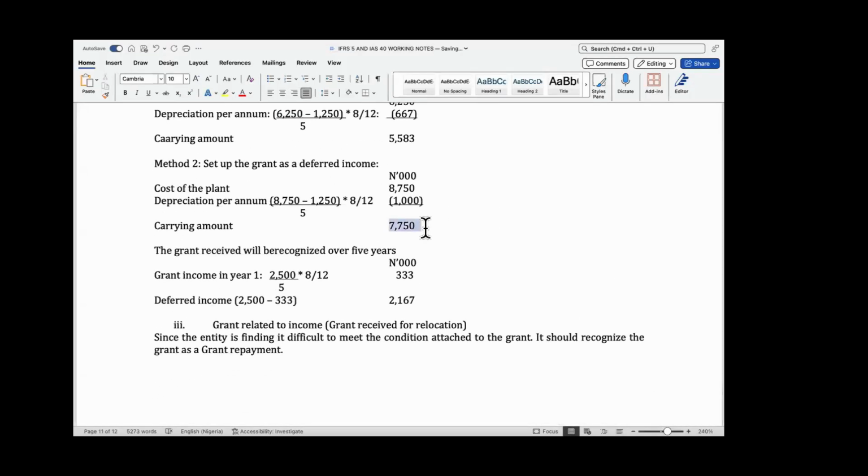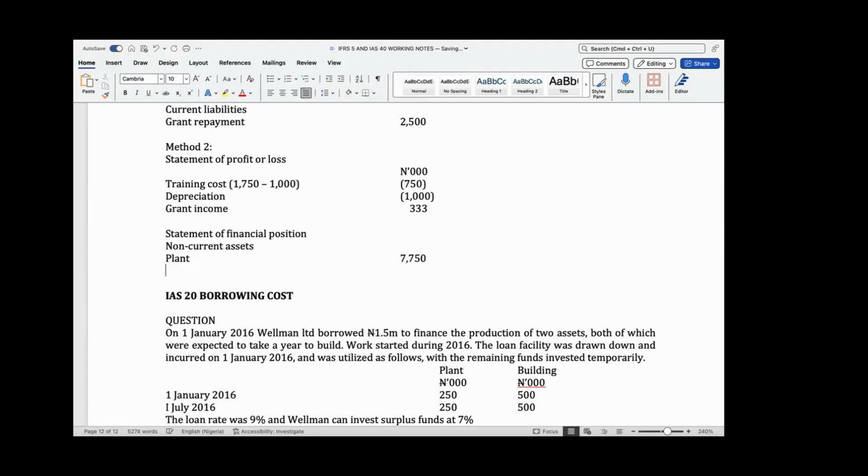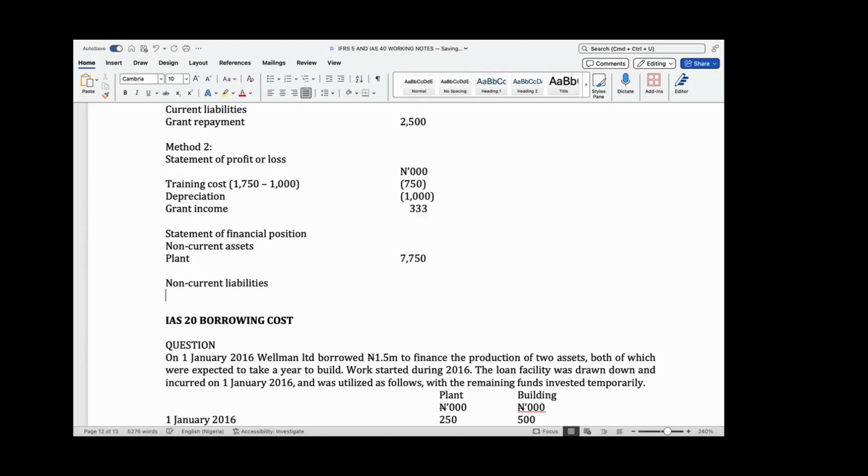It was 7750. Under non-current liabilities, there is a deferred income.